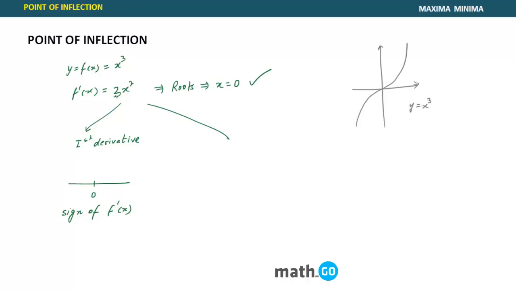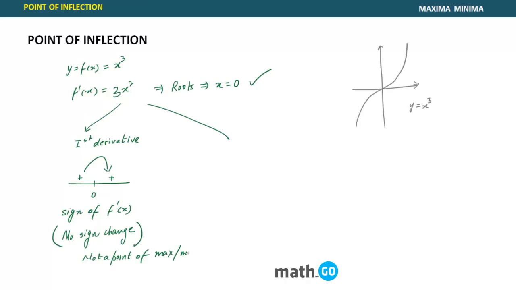We are just interested in the sign, not the value. Yes, it will be positive. And on the right hand side, obviously it is positive. So is there a sign change happening from left to right? There is no sign change happening. Okay, so that means this is not a point of maxima or minima.